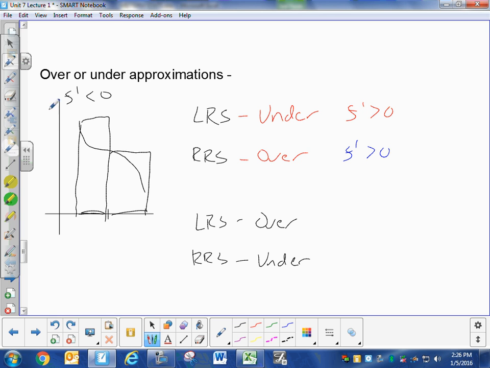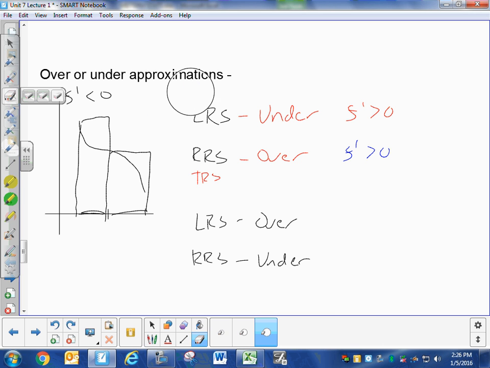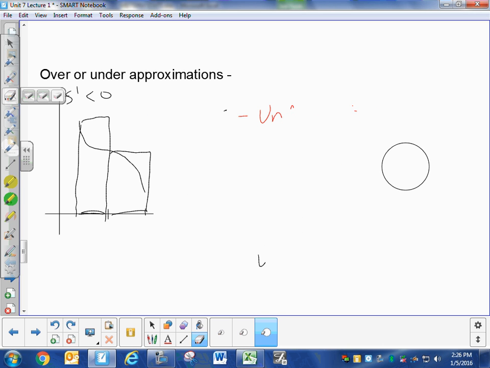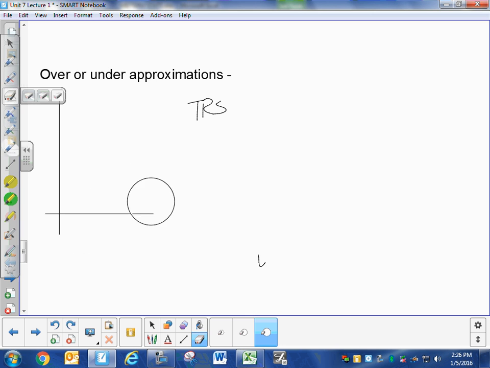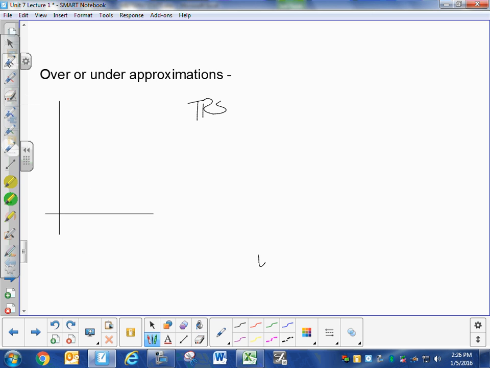Now, you probably are wondering about a trapezoidal Riemann sum. Well, trapezoidal Riemann sums, and I'll actually start over, deal with concavity. If we know the concavity and if a function is increasing or decreasing, we can figure out if a trapezoidal Riemann sum is over or under.